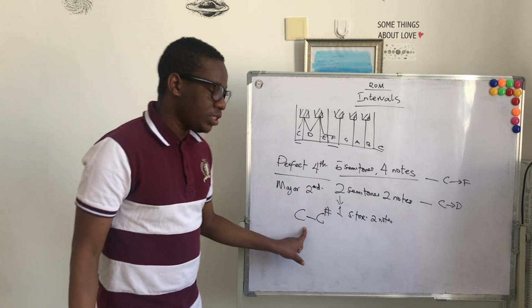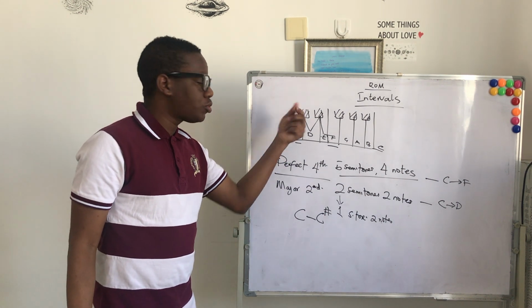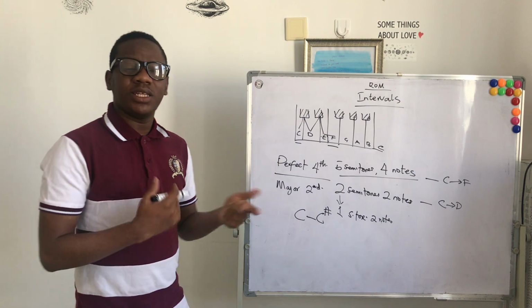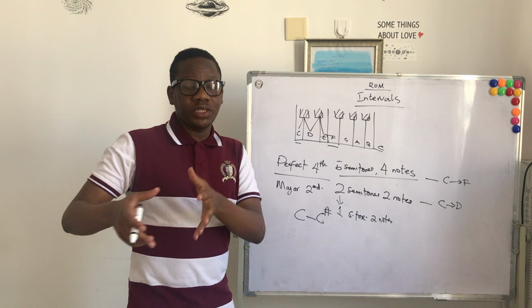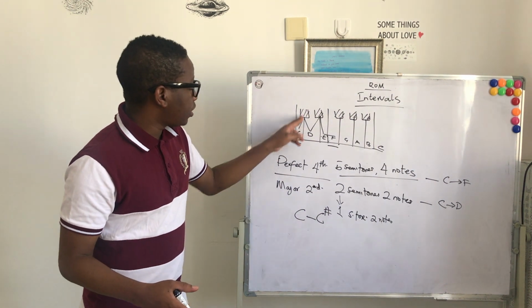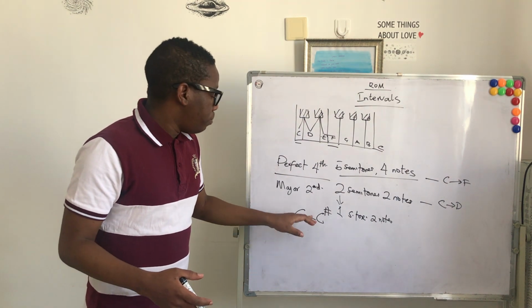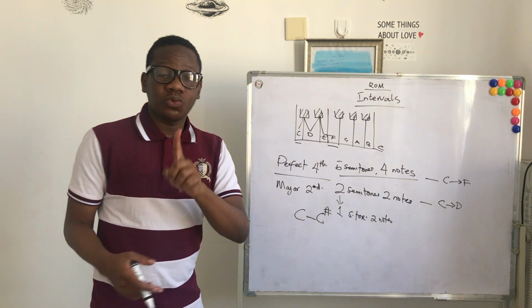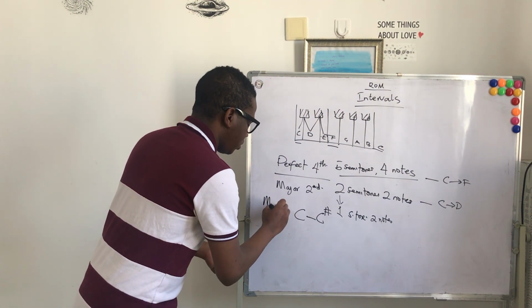As in the case of C to C sharp, you only have one semitone, but there are two notes, because an interval cannot be with just one note. An interval is a distance between two things. So C to C sharp, which are the two notes, the semitones between them is just one. This makes this a minor second.